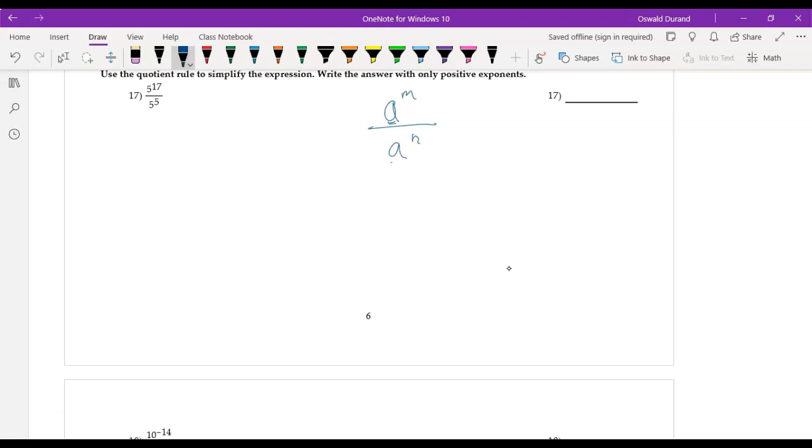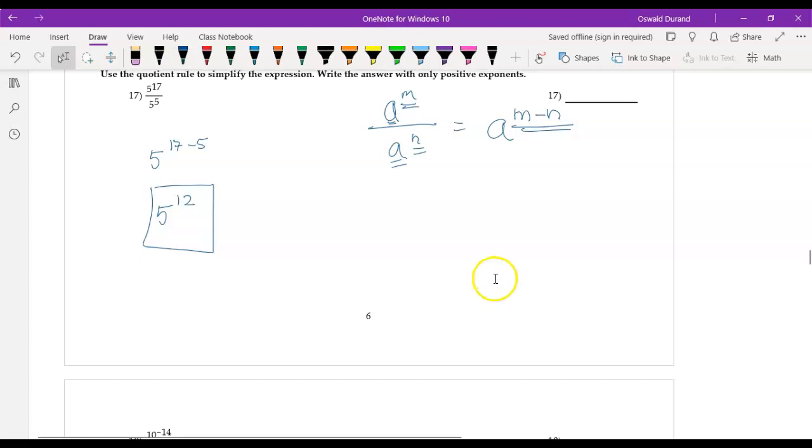If you have the same base, then you can rewrite this as a to the power of m minus n, in that order, the m first, followed by subtracting the n. Then you simplify this and you should get your answer. So let's do the same thing here. So 5 and 5, same base. So I can do 5 to the power of 17 minus 5. And that's 5 to the power of positive 12. I don't have to do anything else. Okay?